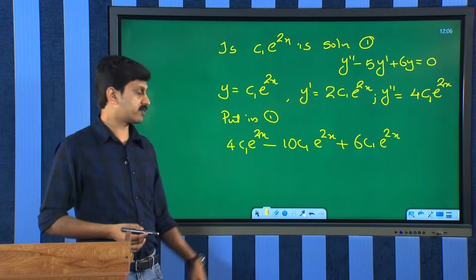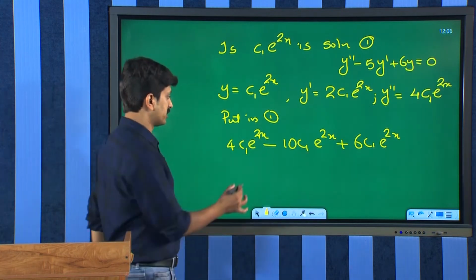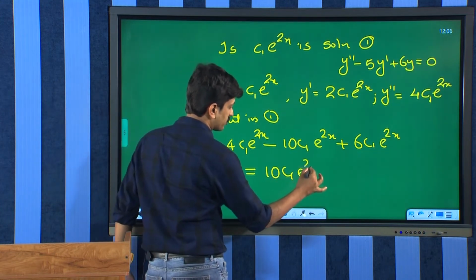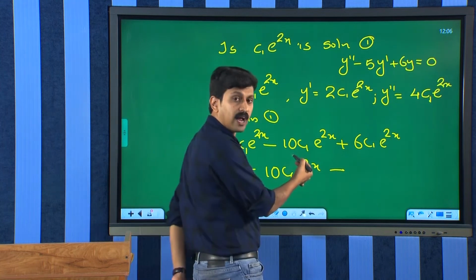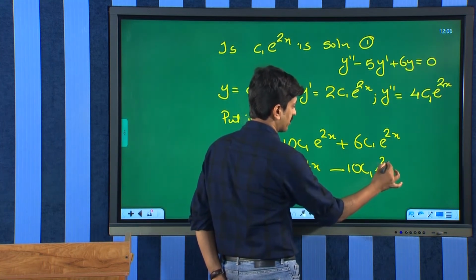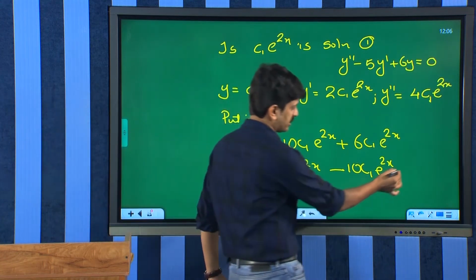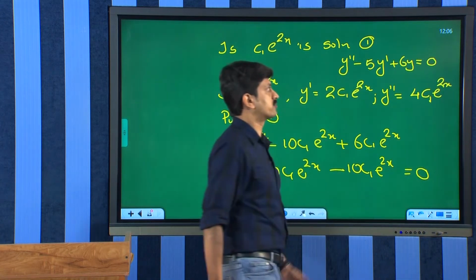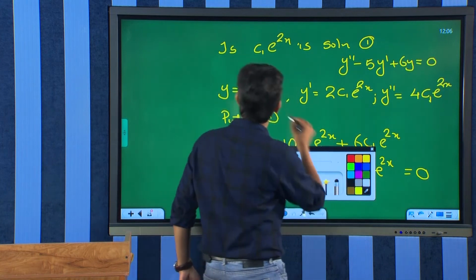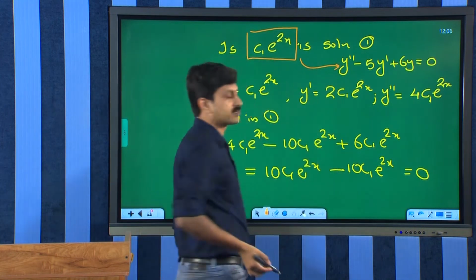As we did just before, 4c1 e^(2x) plus 6c1 e^(2x) is 10c1 e^(2x), minus 10c1 e^(2x). Simply we can say that is equal to 0, it satisfies 1. Therefore, c1 e^(2x) is also a solution of this differential equation.